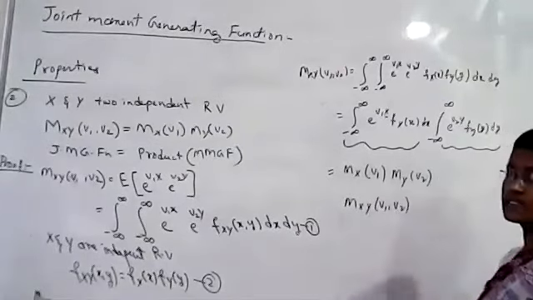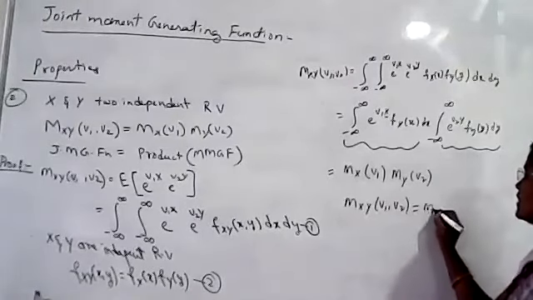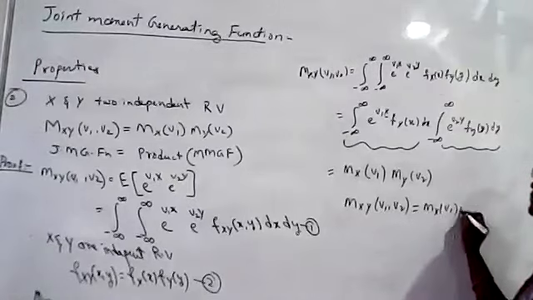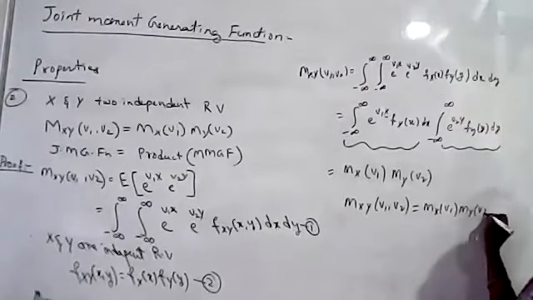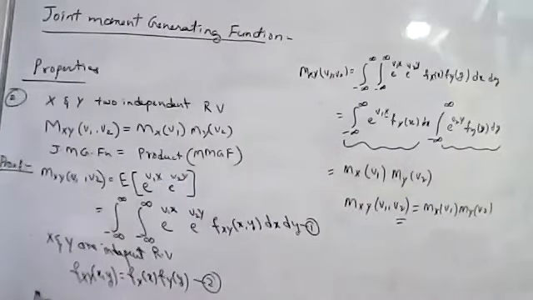So from this we can say that M_XY of v1 comma v2 is equal to M_X of v1 into M_Y of v2. So this is the second property of the joint moment generating function.